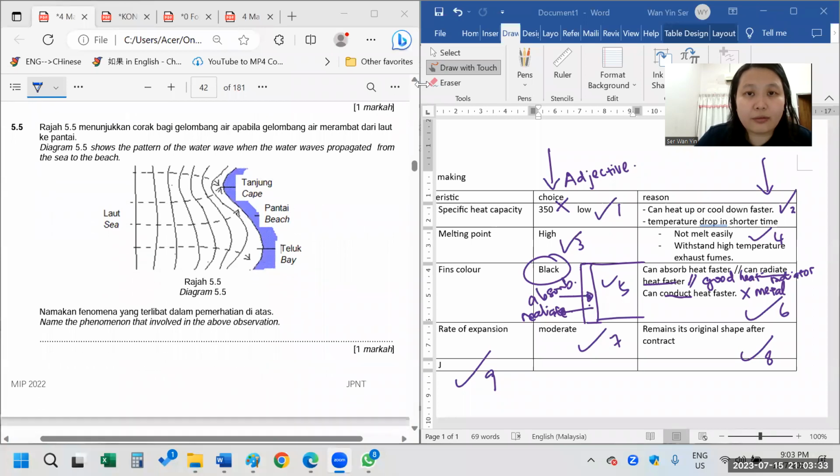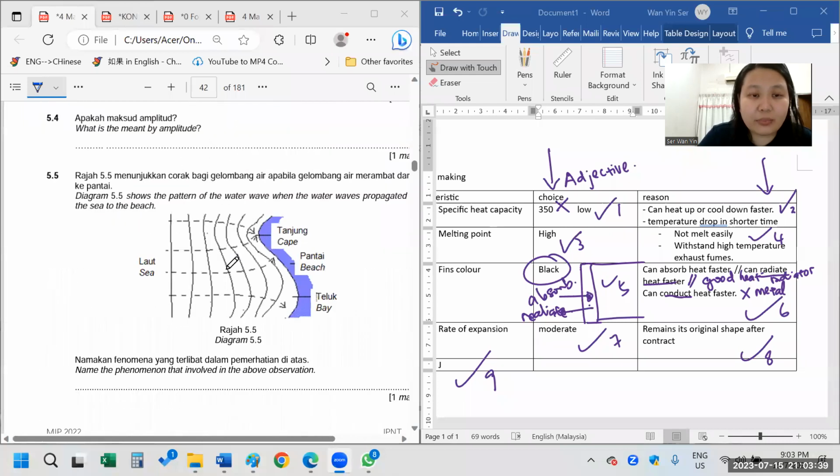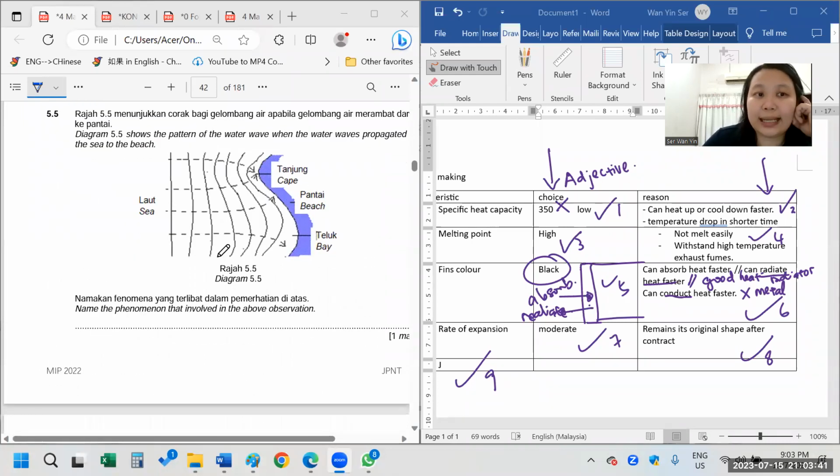Okay, so now we got 4 phenomena. Okay, this phenomenon is quite difficult. No one can answer.